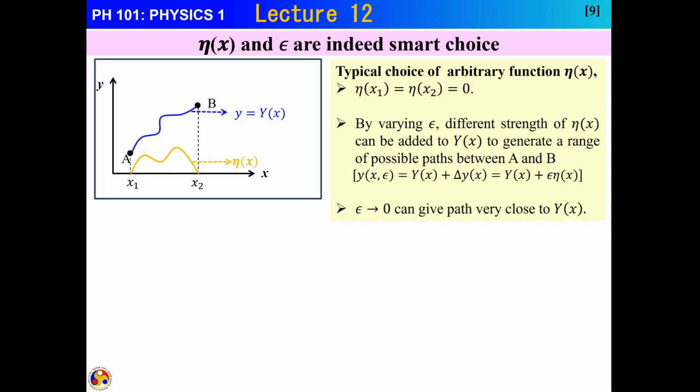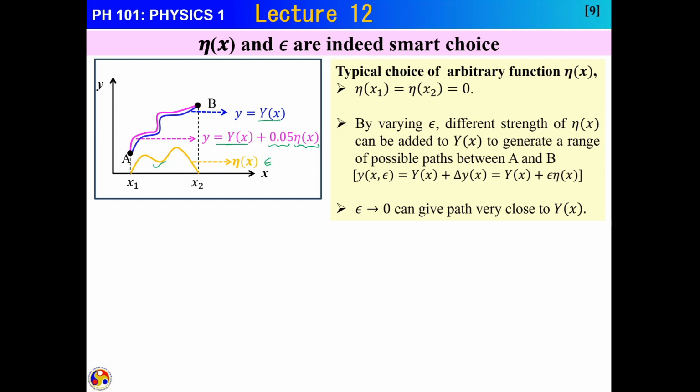Now if I add this by multiplying with some value psi, I am going to get a new curve. So let us take the pink curve that is coming up as another curve where the original path is varied with delta y, where psi is a small value and eta of x is considered from here.